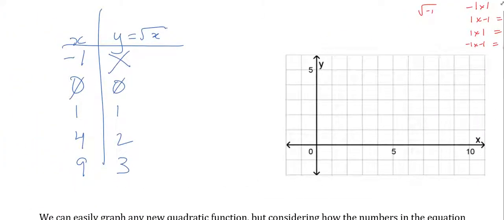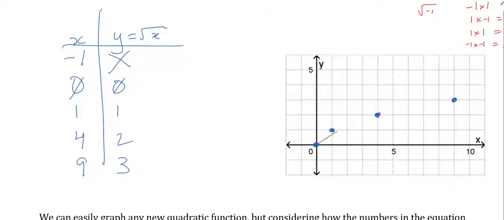So this graph starts at 0. We can start plotting these points now. We got 1 and 1. Then we go over 4 and up 2. Then we go over 9 and up 3. And none of the values go below, because when I take the square root of a number, I'm not going to get a negative either.